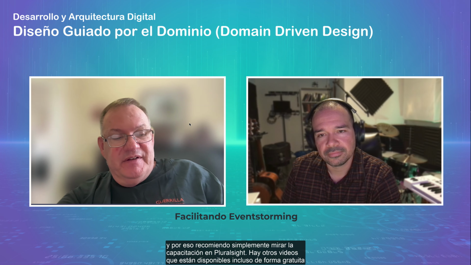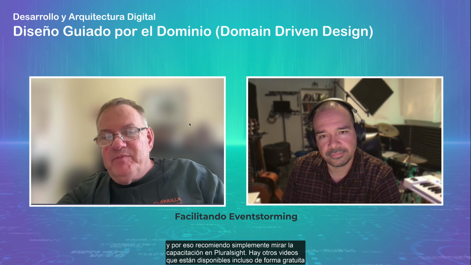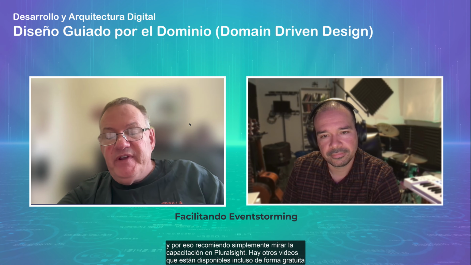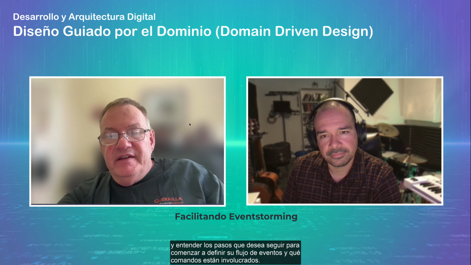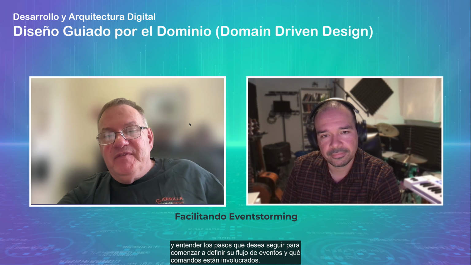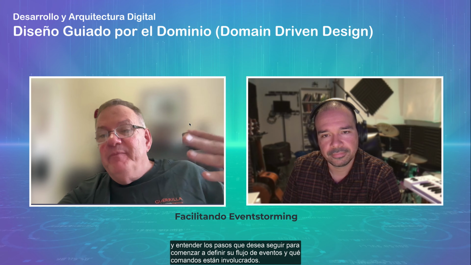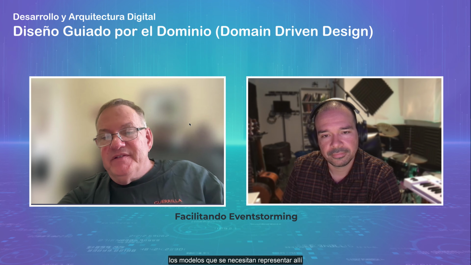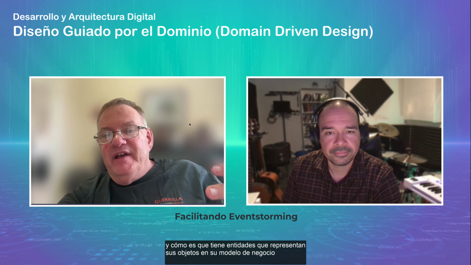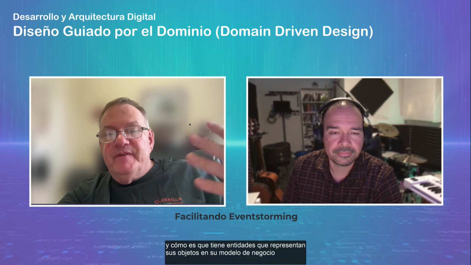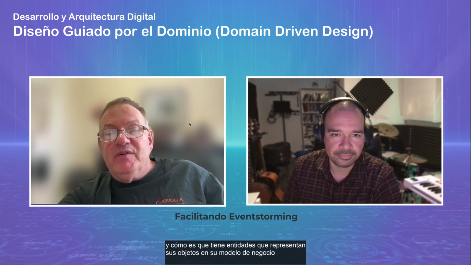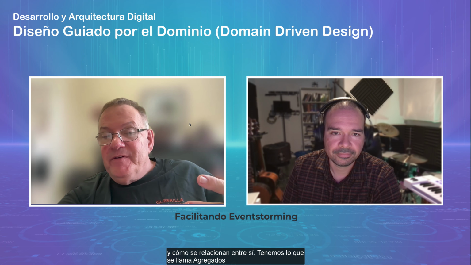And so I recommend just looking at the Pluralsight training, for example, or there's other videos that are available even for free out there, and understanding what are the steps you want to go through, beginning with defining your stream of events, what commands are involved, what models do you need to represent there, how is it that you have entities that are representing the objects in your business model and how those are related to one another.